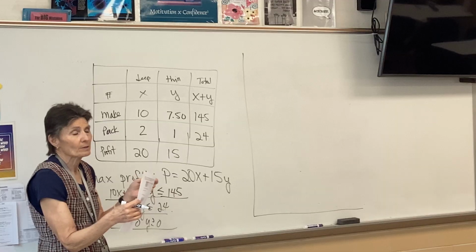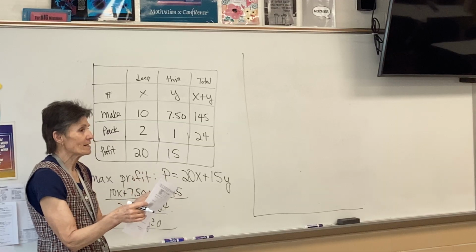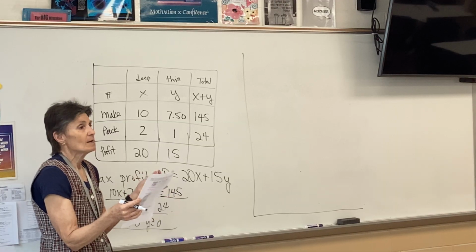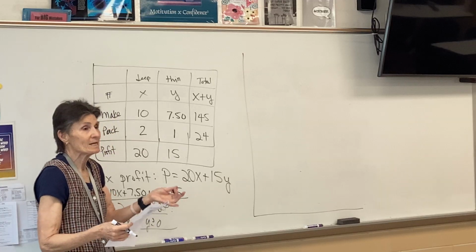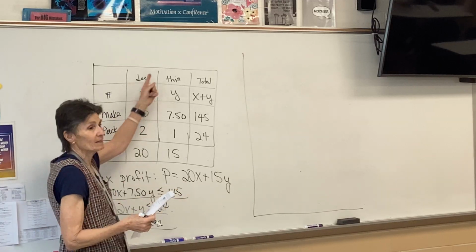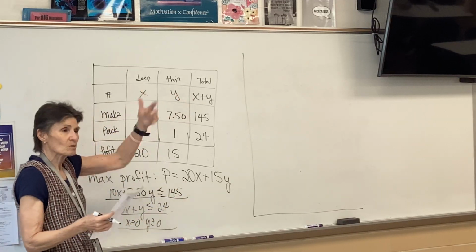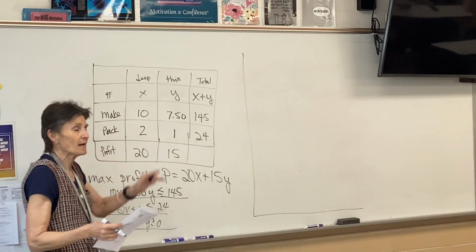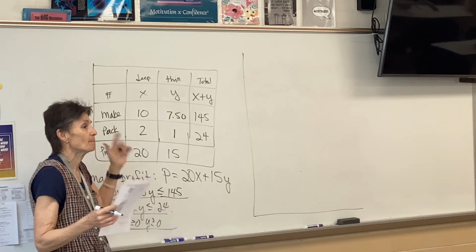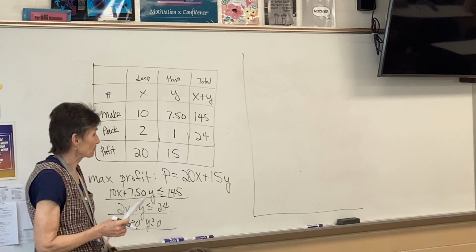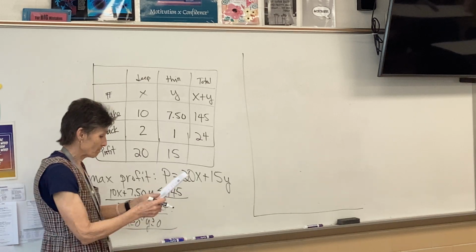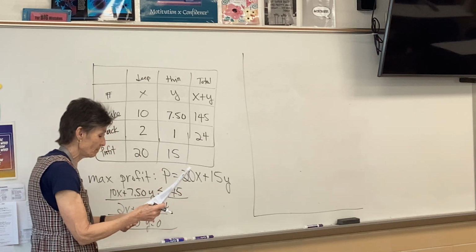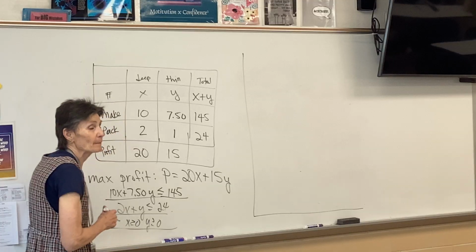That's gonna be part, I wanna say always, but there's probably an exception. When we're doing these problems, we can't have negative pizzas. So x and y are almost 99.999% of the time, they're gonna be positive. All right, so now we're ready to graph.